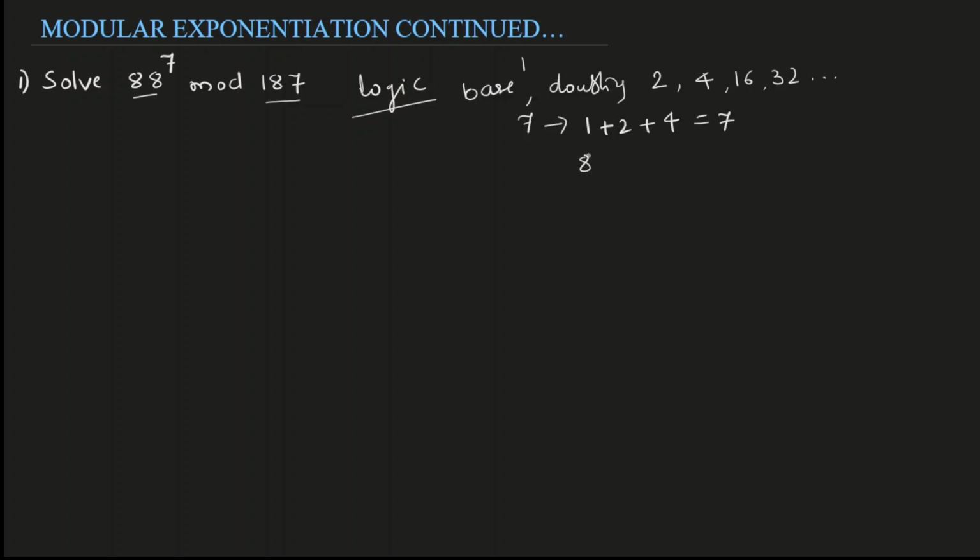Now you can add the powers of this 88, since the bases are the same. So for this example, we need to find 88 raised to 1, 88 raised to 2 mod 187, and 88 raised to 4 mod 187. Then you can find 88 raised to 7. This is the simple logic behind solving such examples.